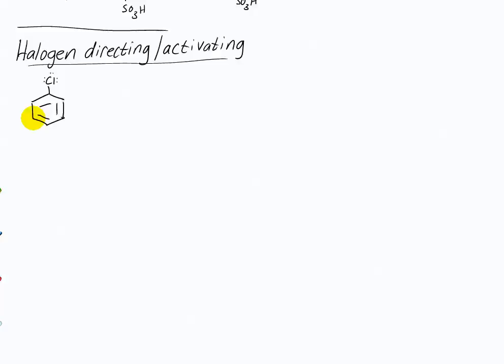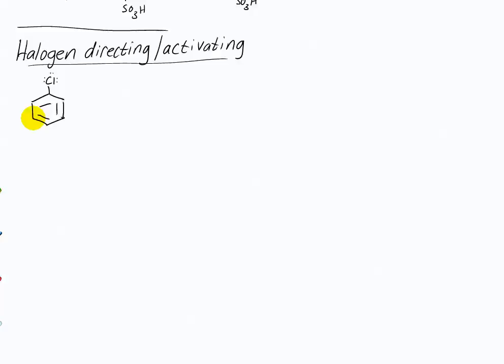Because it pulls the negative charge away, so it allows more negative charge to spread throughout the molecule. Right. It's inductively withdrawing. Yeah.